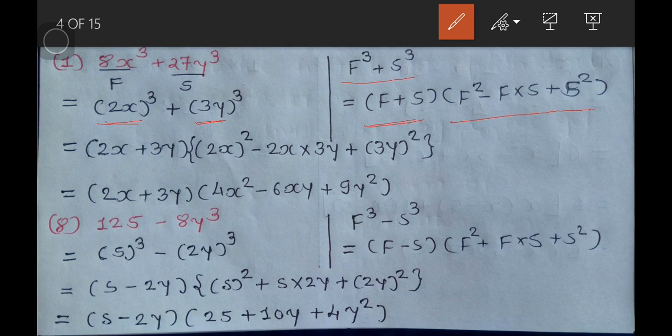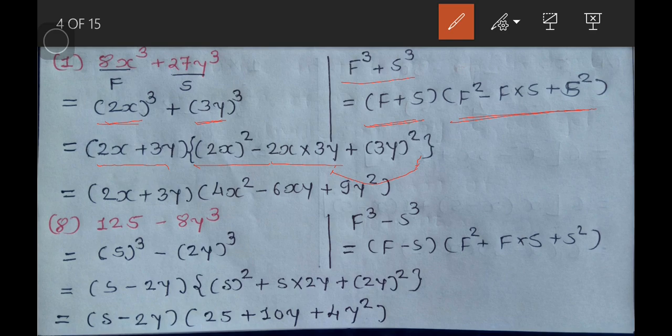So in the first bracket we get 2x plus 3y, and as per our identity, another bracket as (2x) square minus 2x into 3y plus (3y) square.